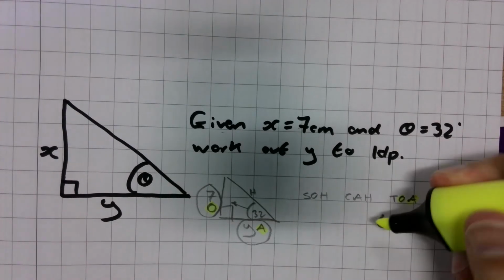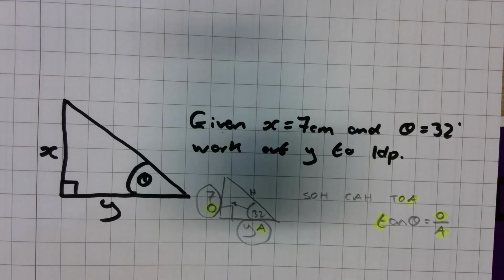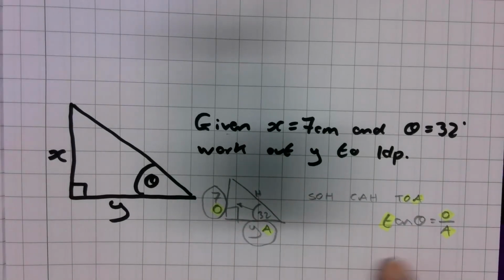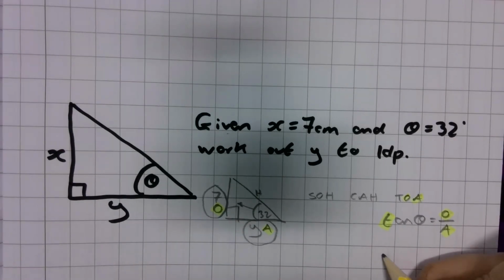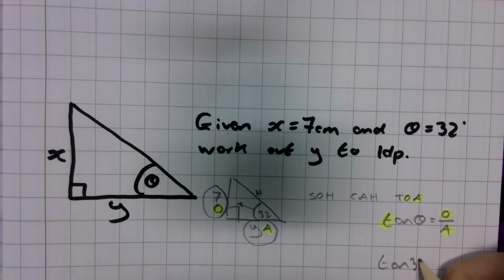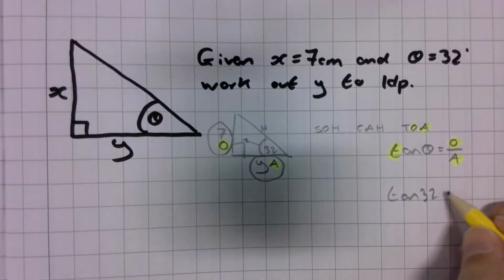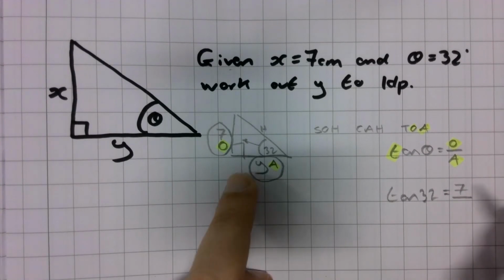Once I've got to this stage, I put the numbers into the letters. So tan of 32 will equal the opposite side, which is 7, over the adjacent side, which is y.